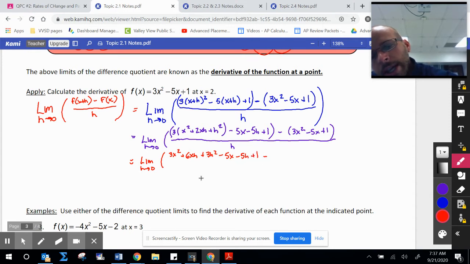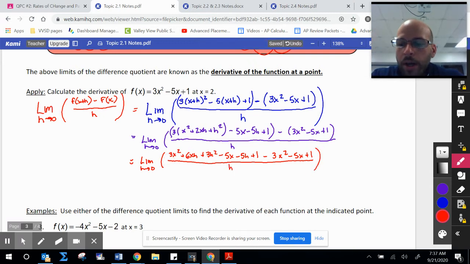Now I'm going to distribute the negative into the other function, all over h. And the fun part is now I can cancel things out. The 3x squareds cancel: 3x squared and negative 3x squared is 0.